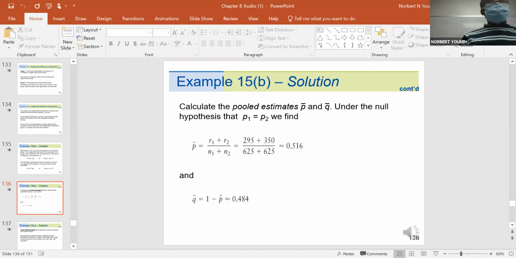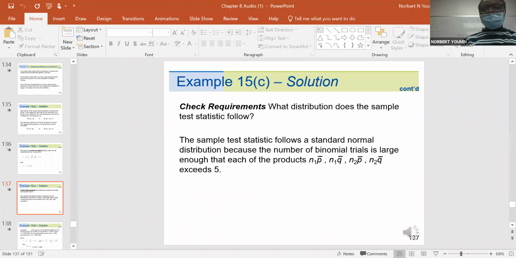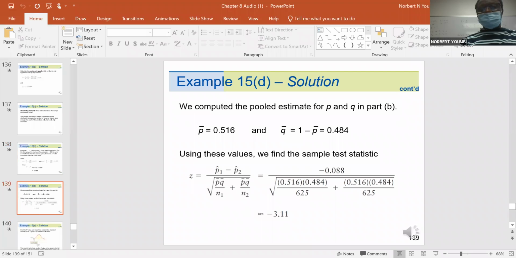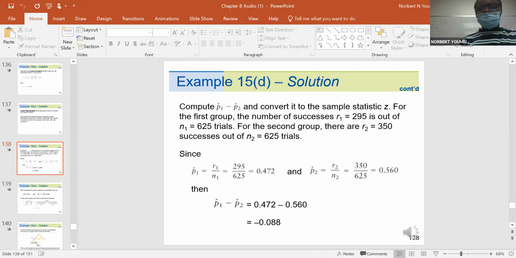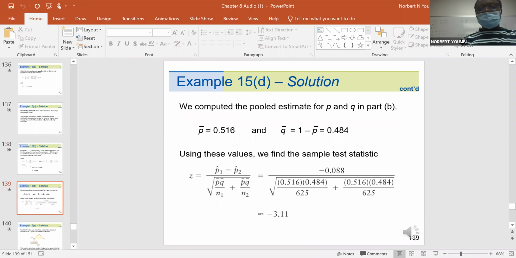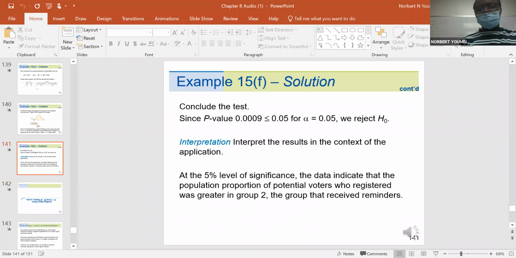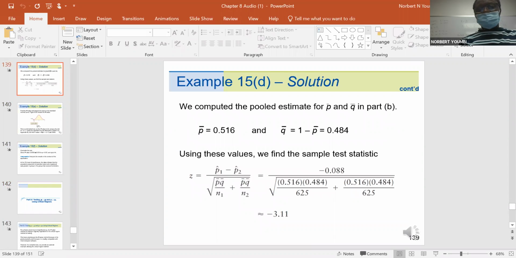As I always say, you don't really need to be writing all that. So using your calculator, can you use your calculator to do the work to find the test statistic?